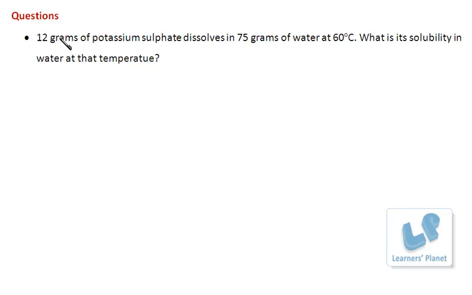There is a question over here: 12 grams of potassium sulphate dissolves in 75 grams of water at 60 degrees centigrade. What is its solubility in water at that temperature? Right? At the same temperature, the solubility is asked. What is solubility? It is the maximum amount of solute present in 100 gram of solvent at a particular temperature.